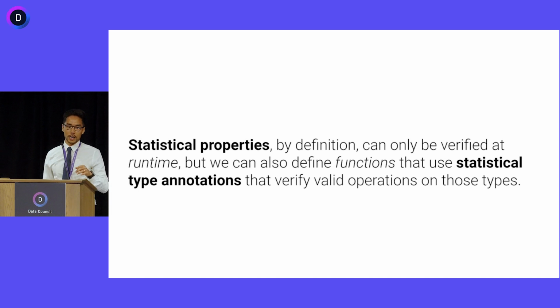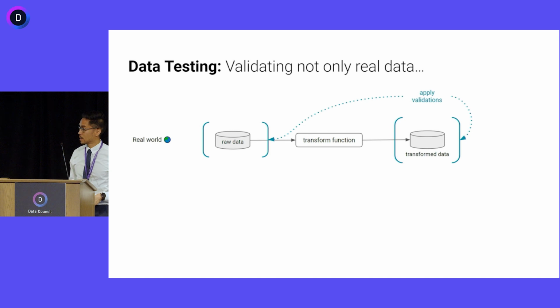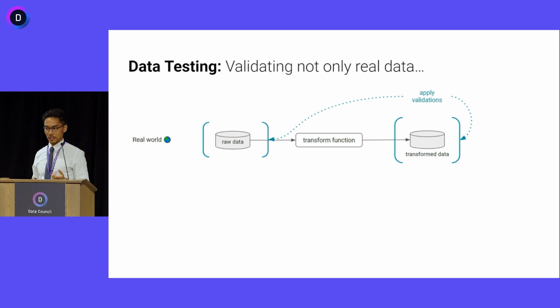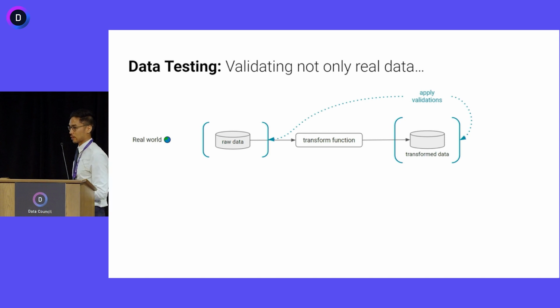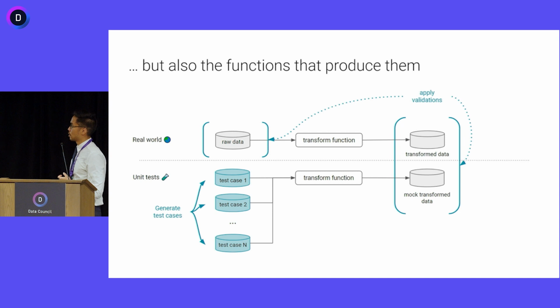However, we can also define functions that use statistical type annotations that verify valid operations on those types, going back to my type definition in the beginning. And the second term that I mentioned, data testing, I think is a huge component of Pandera. It lets you validate not only real data, but also the functions that produce them.